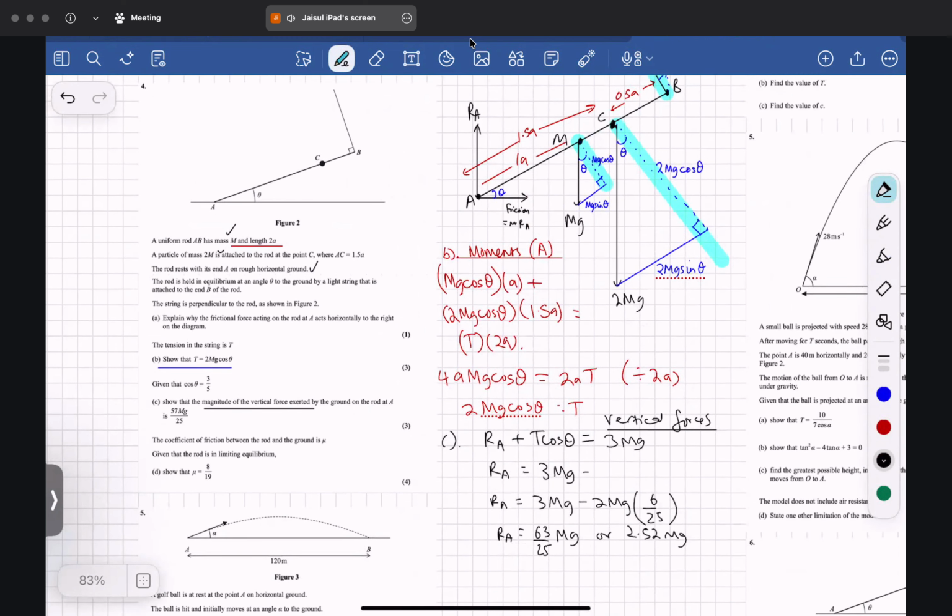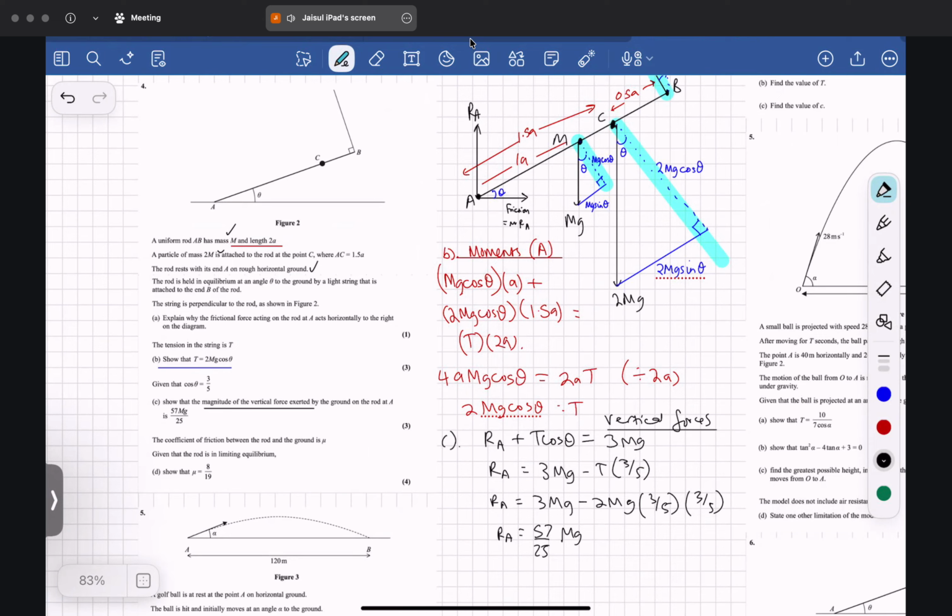So I get 3mg minus T times 3 over 5, so I get 2mg. Okay, I think I know what I did wrong. So 2mg times 3 over 5 times 3 over 5. Let's just quickly check. Yeah, I got 57 over 25. It was just a silly mistake.